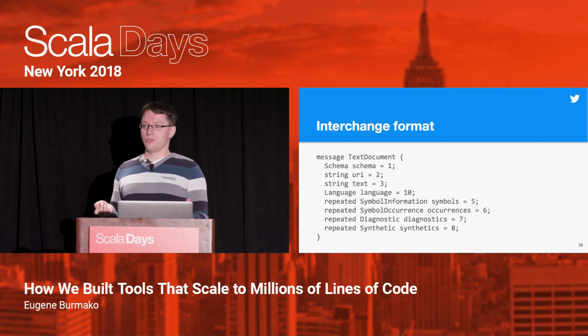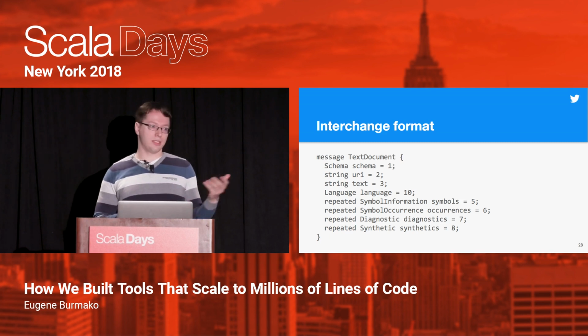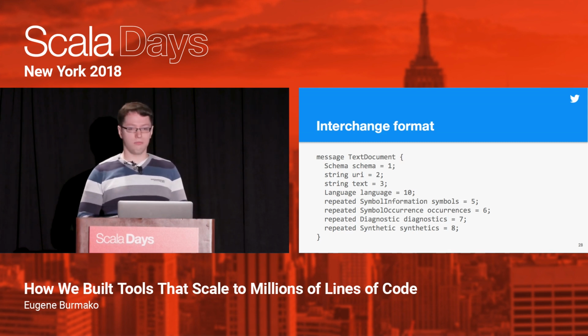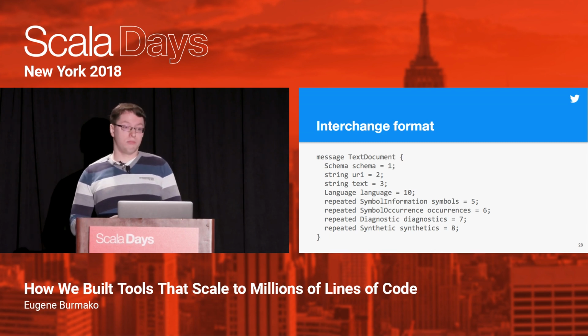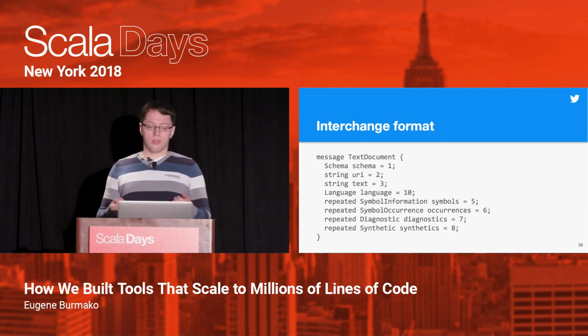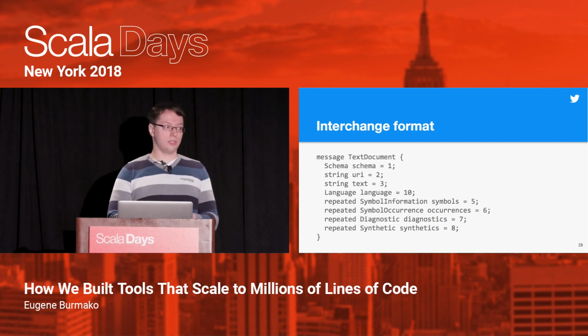In addition to those attributes, TextDocument contains some more, like the version of the schema, for instance, SemanticDB v3, which is the current version, and the language, which would be Scala or Java. And the most interesting thing for tool writers definitely happens in something called sections. So those are symbols, occurrences, which host parts of the symbol table, compiler messages, and so on and so forth.